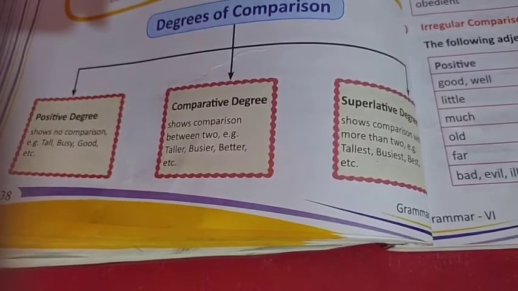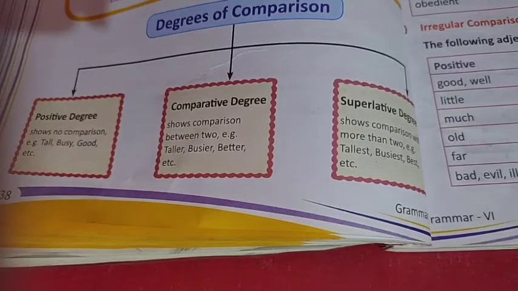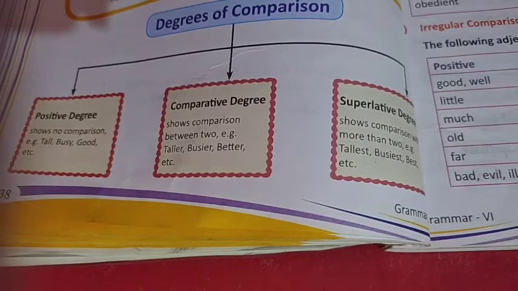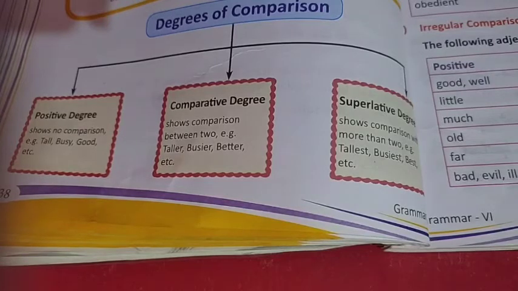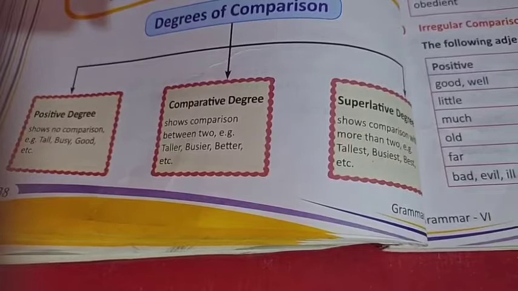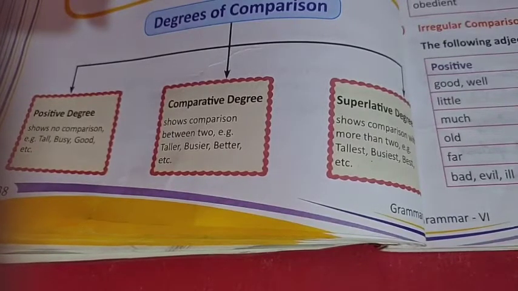Now it shows no comparison and it is used in its base form. It can be any adjective like tall, busy, good, young, strong. If I take an example, Lata is young. So young is the positive degree of the adjective. Rahul is strong. So it's a positive degree of the adjective.